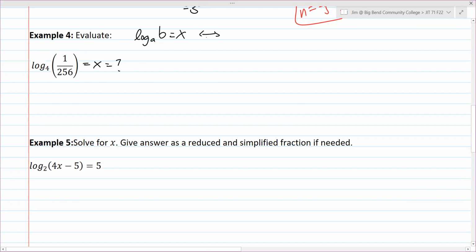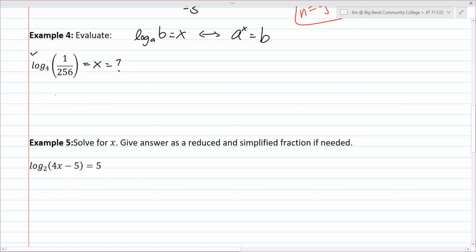So remember, whenever you have a log question, you can turn that form into the exponential form so that you have a to the x equals b. Because sometimes if you don't have a calculator, it'll be tricky to figure that out. And some calculators don't even have a base function for you to figure out a value. So sometimes we have to do it manually.